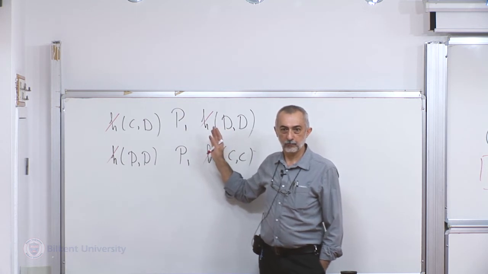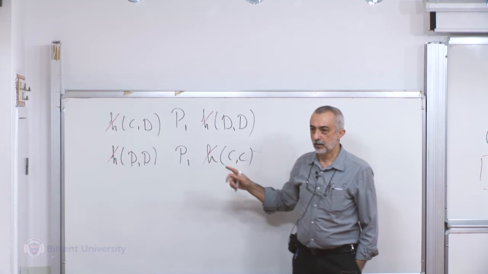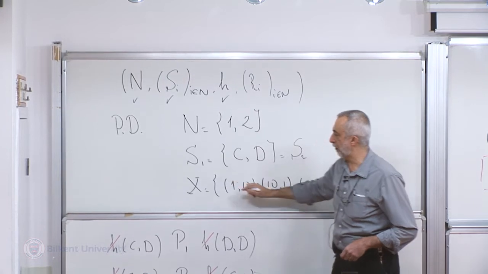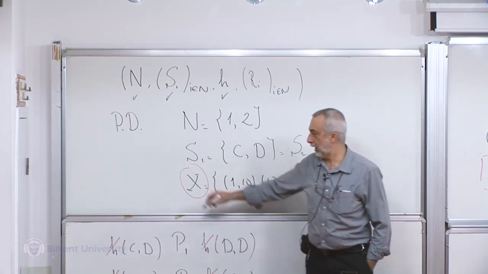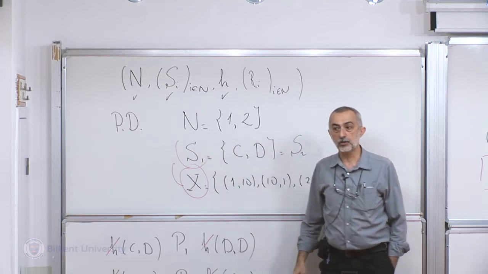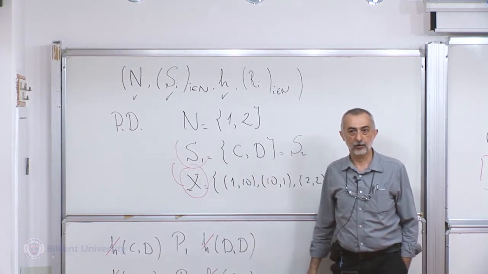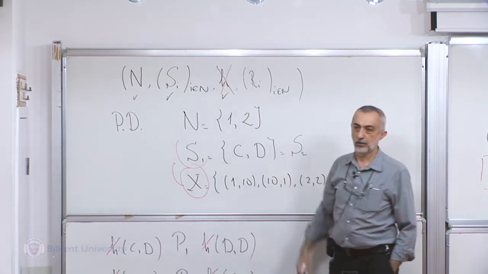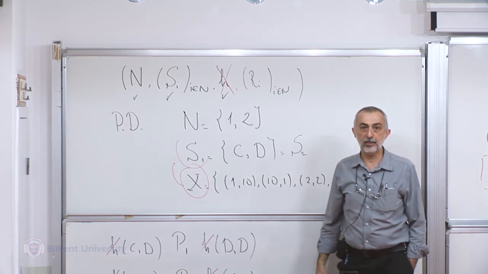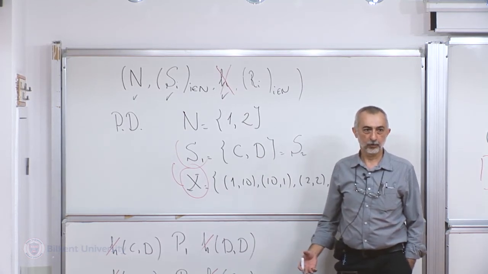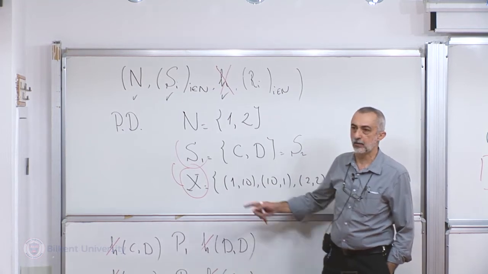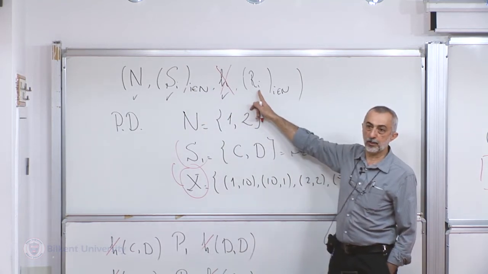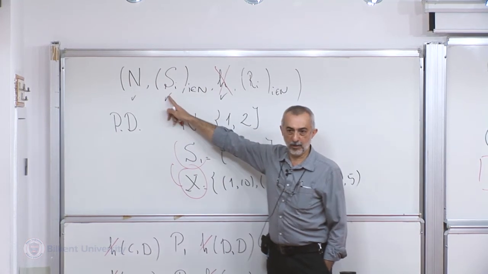Okay? So this way, given a preference relation over outcomes, I can obtain a preference relation over strategy profiles. Okay? Which is kind of nice because then I don't have to worry about the outcome function. I will have a simpler, a leaner model. Okay? So I can just specify who's involved, what can they do, what are their preferences over strategy profiles.